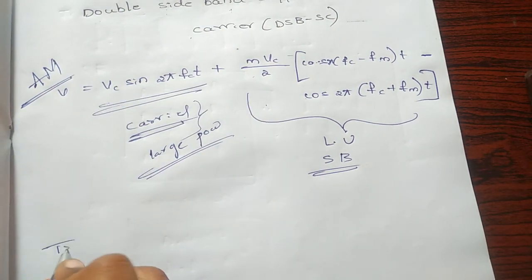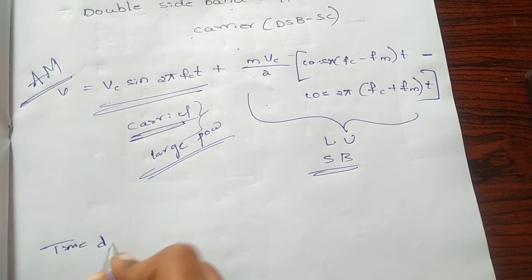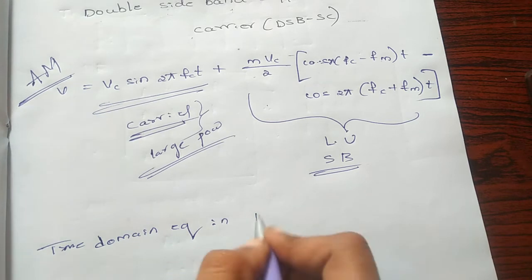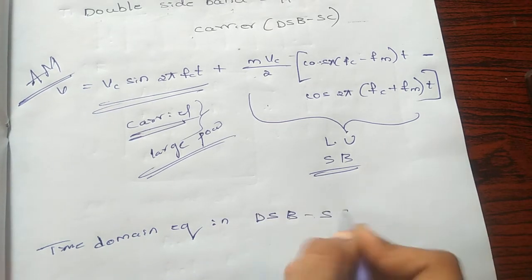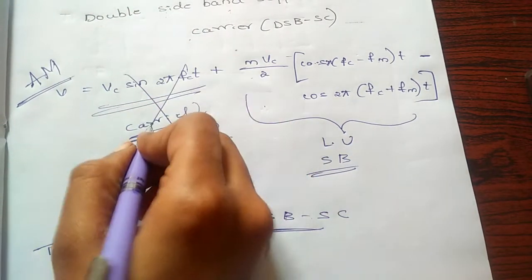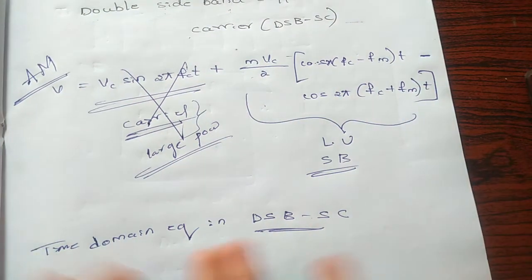So the time domain equation in double sideband suppressed carrier: we are suppressing the carrier, so just avoid this term and write the remaining both. That is the time domain equation in DSBSC. Simple.